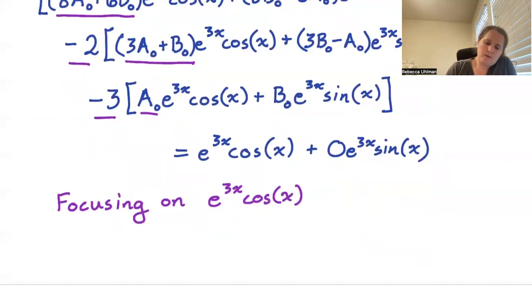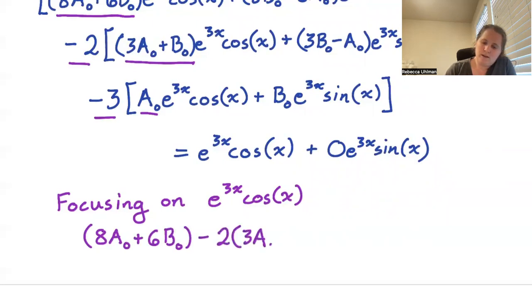We have 8a0 plus 6b0 minus 2 times 3a0 plus b0 minus 3 times a0. This has to match the invisible 1 in front of that e to the 3x.